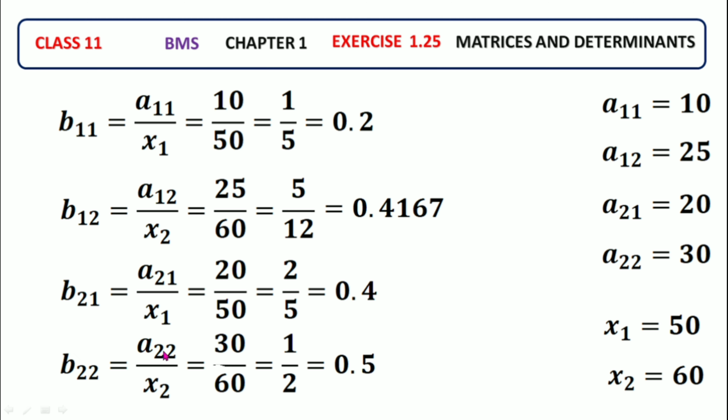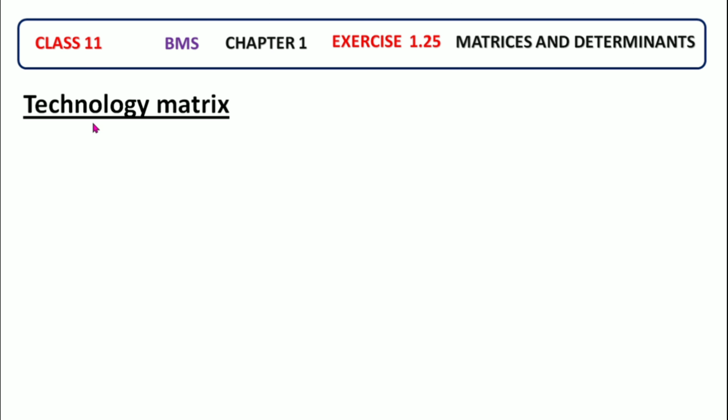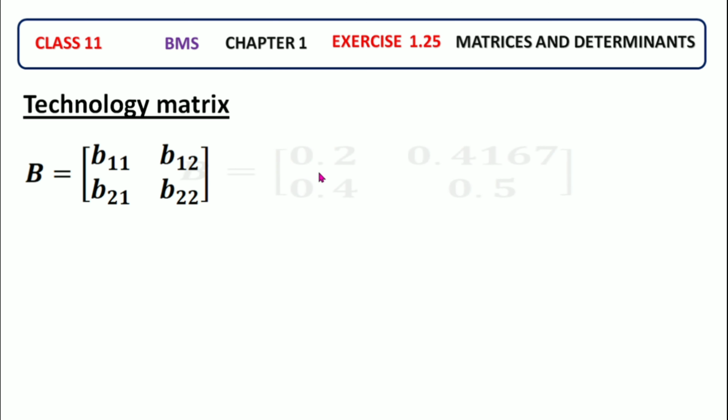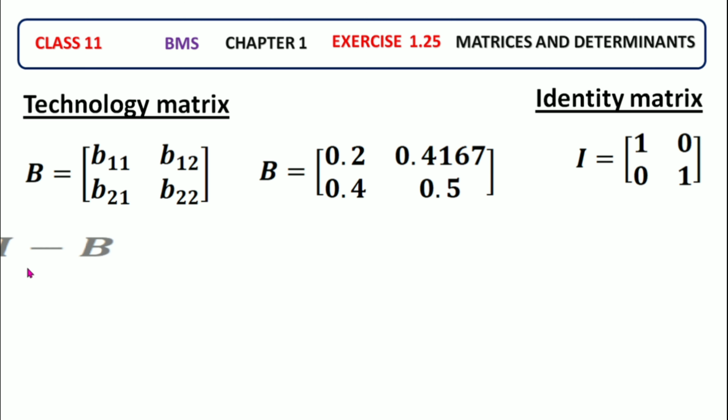B22 equal to A22 by X2, the second row, second column, 30 by 60, 1 by 2, 0.5. Here, technology matrix is B equal to B11, B12, B21, B22. Here are the B11, B12, B21, B22 values, technology matrix, and the identity matrix, 1 0 0 1.